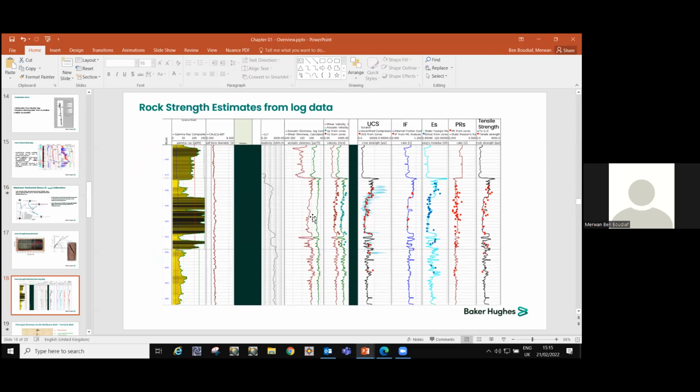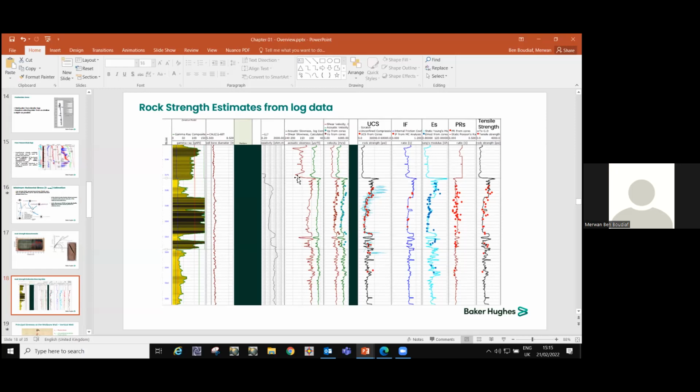For example, for sandstone with some porosity, the acoustic slowness is around 60 microseconds per foot. For shale, it can go even higher than 150, for example, here on the top section.